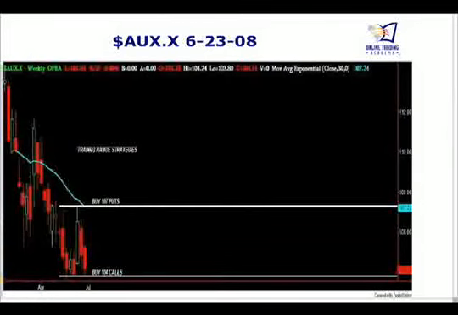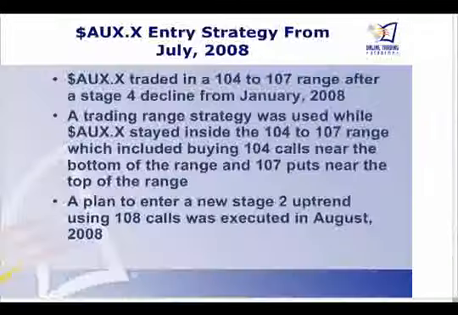We had a trading range at this point in time where we had a support down at around 104, and we had resistance at 107. And again, this was the beginning of July. So my plan was, as long as I was in this trading range, I would buy the calls at the bottom of the trading range, and I would buy the puts at the top of the trading range for a simple strategy.